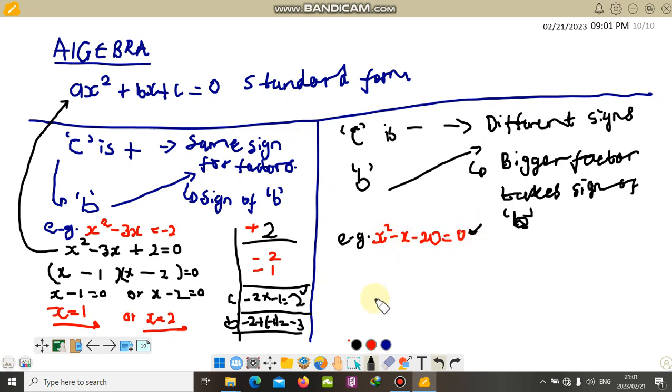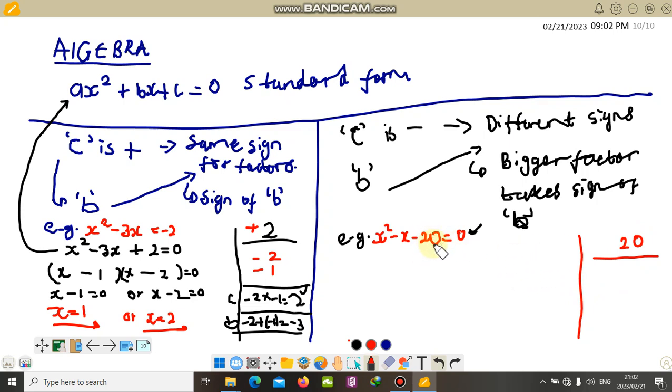Now the second step from here is, we get the factors. So what is the value of C? C is 20, right?